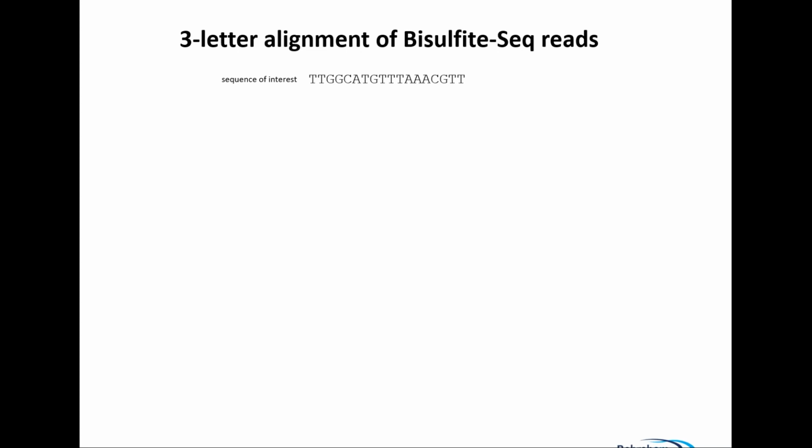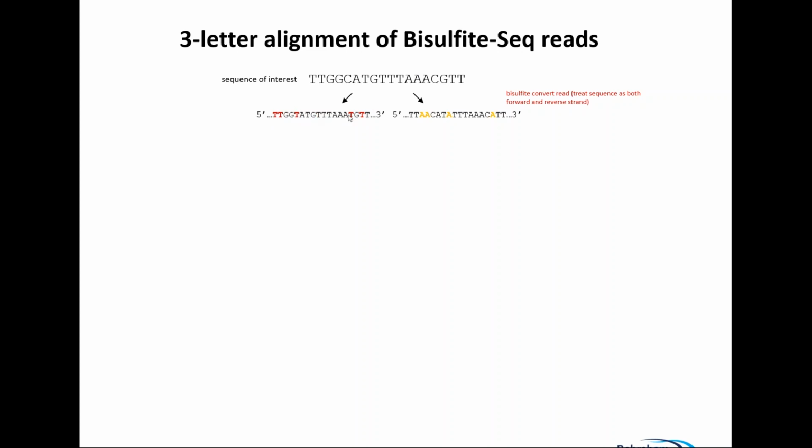And there's another thing which we're doing. This kind of approach is called a 3-letter alignment of bisulfite-seq reads, because we just get rid of every cytosine and convert it to a T, and then we're left with the 3 other bases of the DNA alphabet. But as I showed you, we can have different sequences for the top strand and for the bottom strand, and therefore if the sequence comes from the top strand, we would need to do a C to T conversion, which is this one.